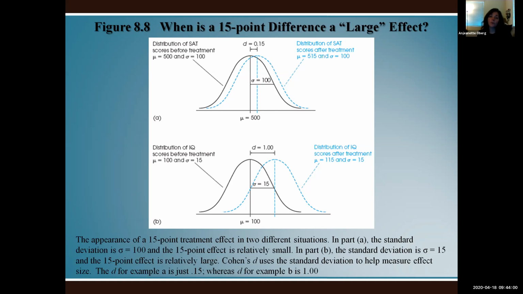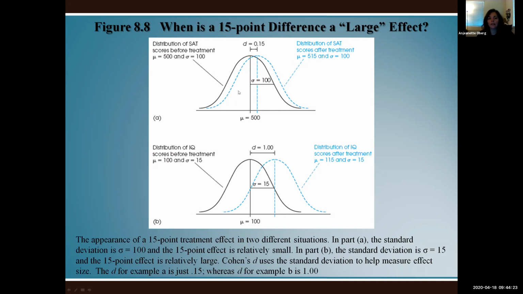In fact, we don't calculate effect sizes if the results are not in the critical region. So we go through hypothesis testing. In the event that we do reject the null and we have evidence to support statistically significant differences, then we would take a follow-up step and do effect sizes.